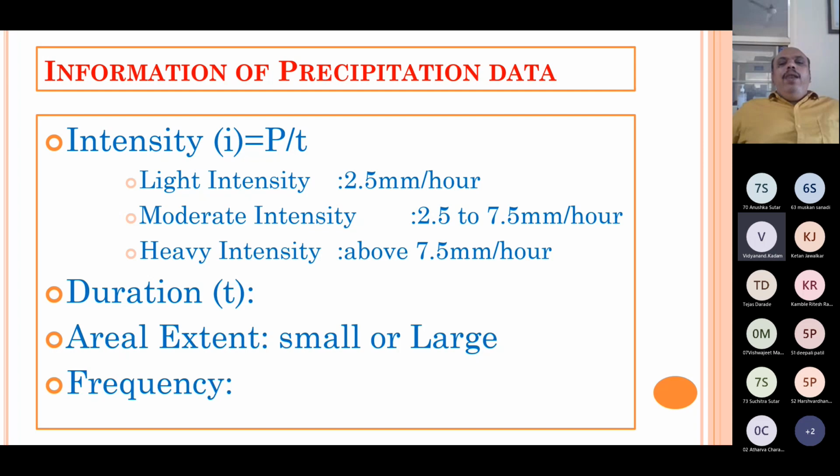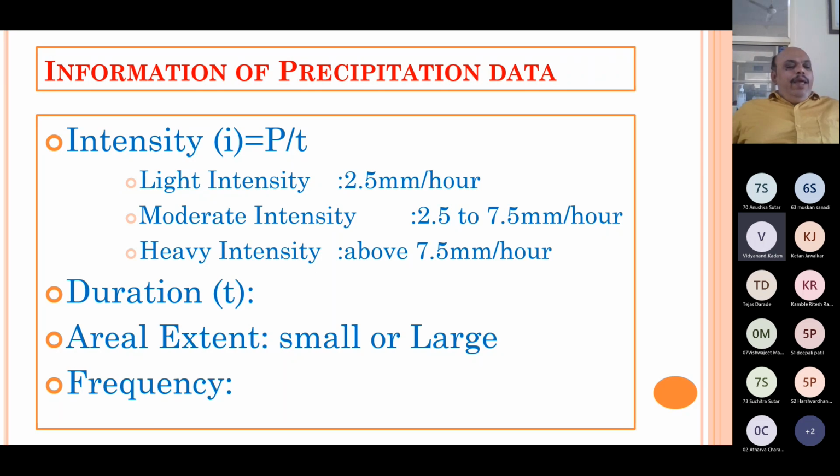If this value is between 2.5 to 7.5 mm per hour, it is moderate intensity. If this value is more than 7.5 mm per hour, it is called heavy intensity. Then the duration is also recorded.